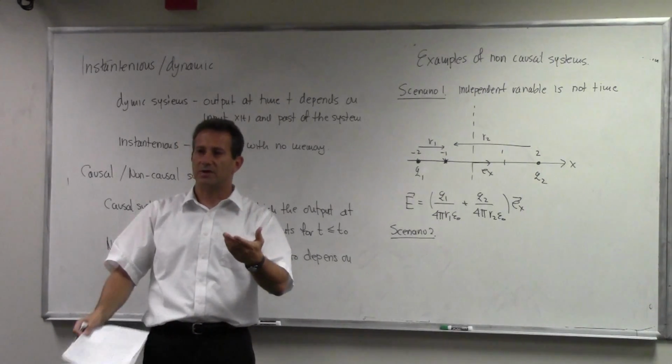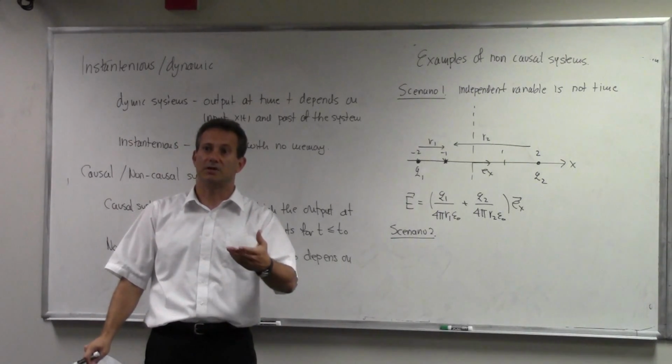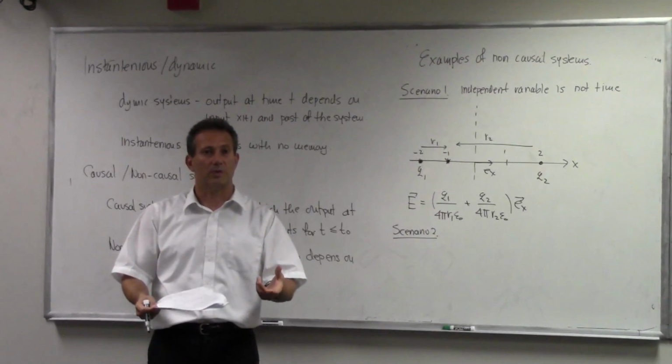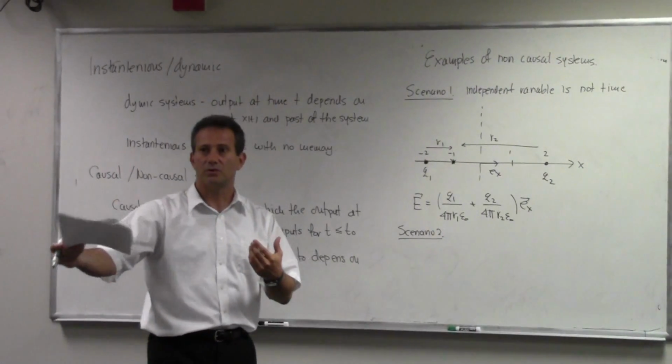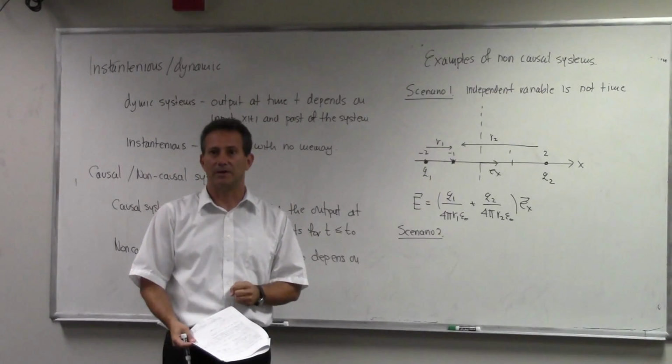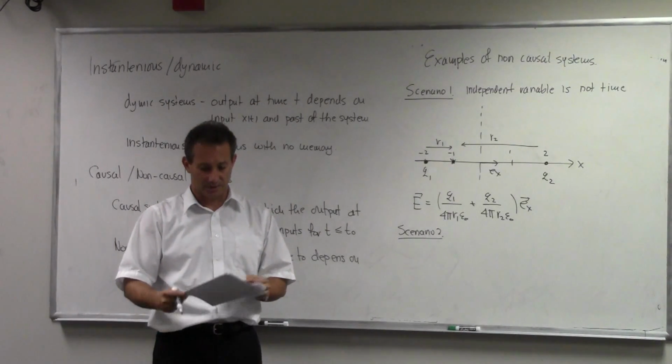So that's very common in smoothing applications. If you want to get rid of the noise, if you want to get good compression, then you can use the future samples to obtain the right value of the sample at a given instant.